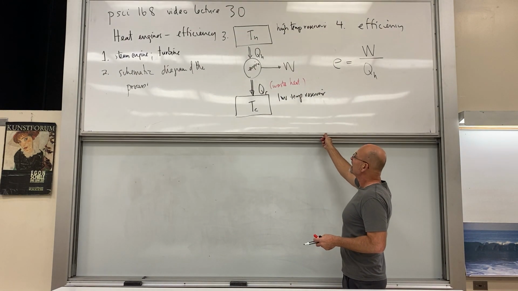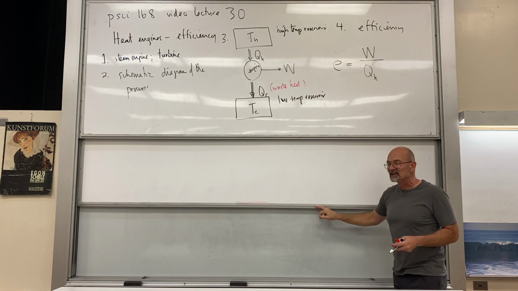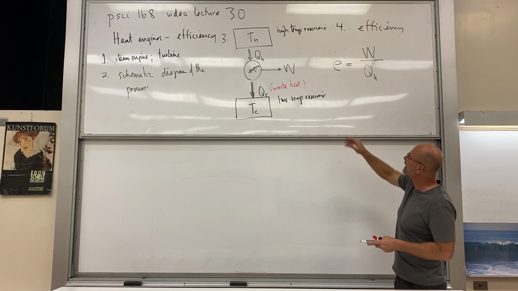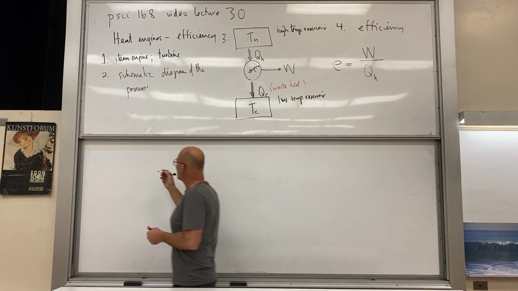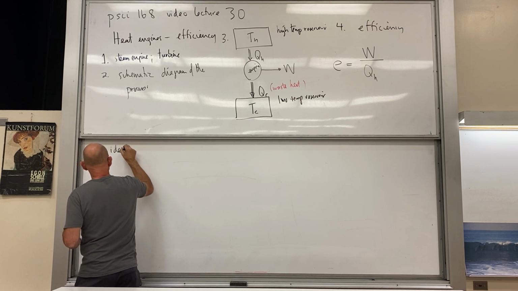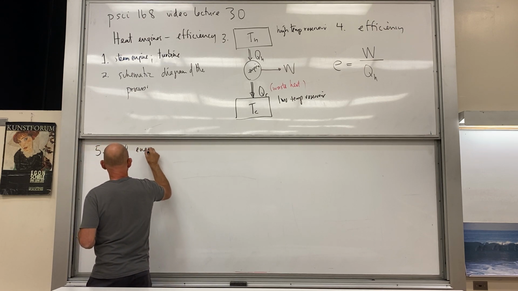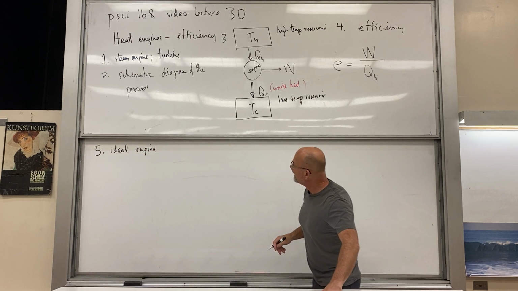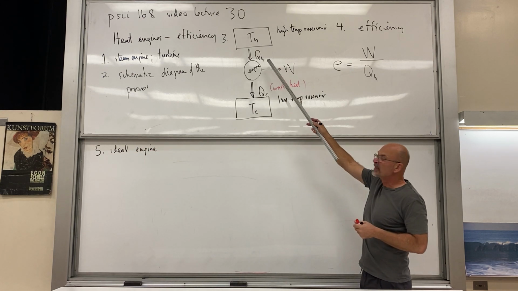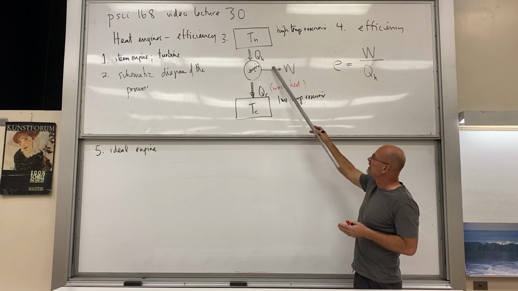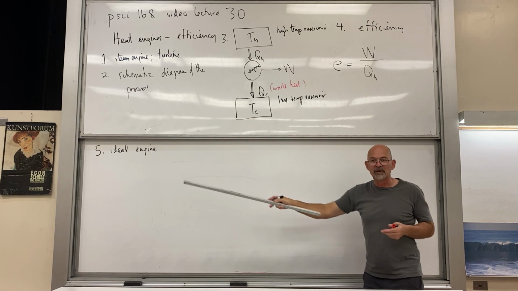I then define the ideal engine, and this is already, in essence, the ideal engine, but I'll be more explicit about it. The ideal engine has no heat flows other than these that have been listed here, and no energy quanta other than the ones that have been mentioned here.